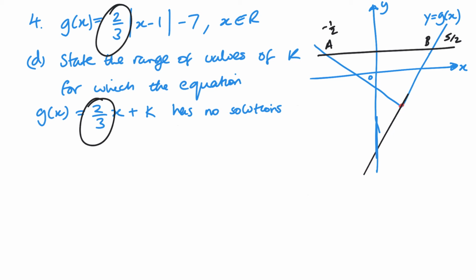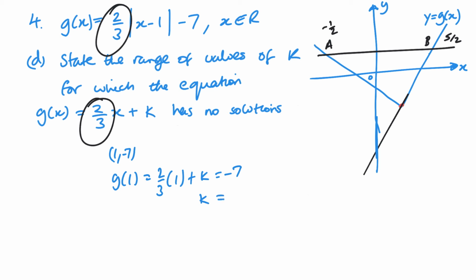Okay, so we know the point here. This turning point is going to lie on both lines. So that's 1, -7. So we substitute that coordinate in. So g of 1. So 2/3 of 1 plus k equals -7.